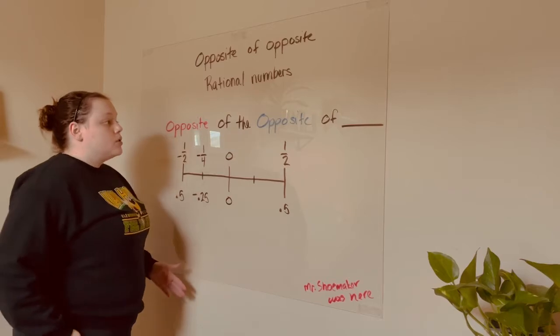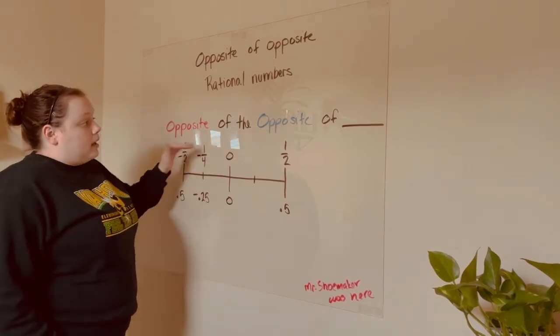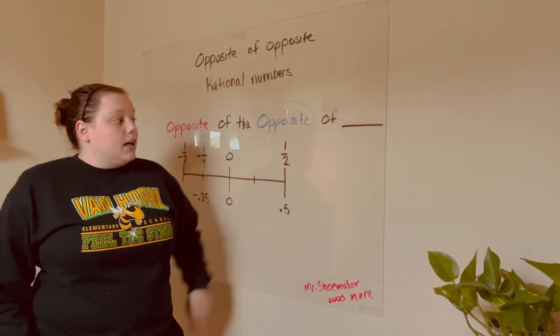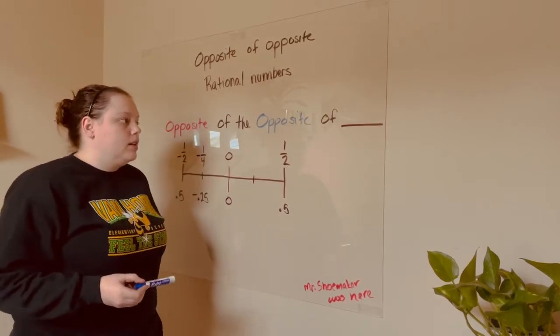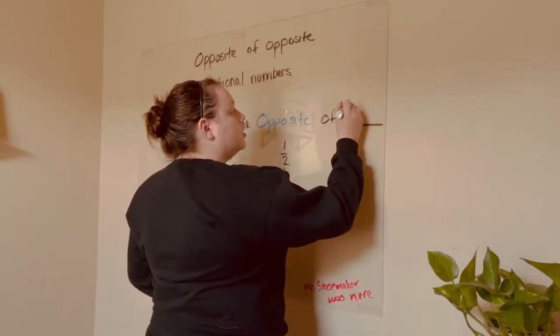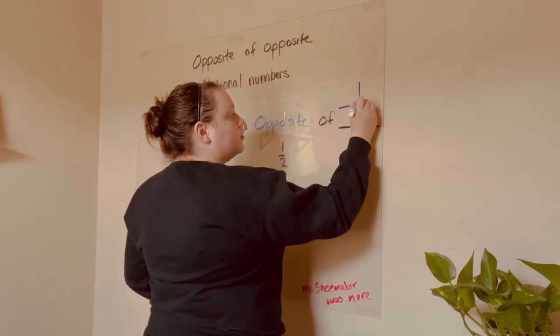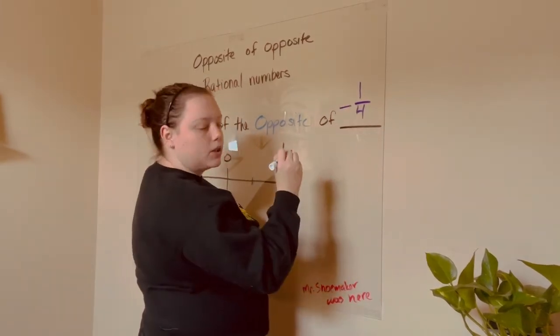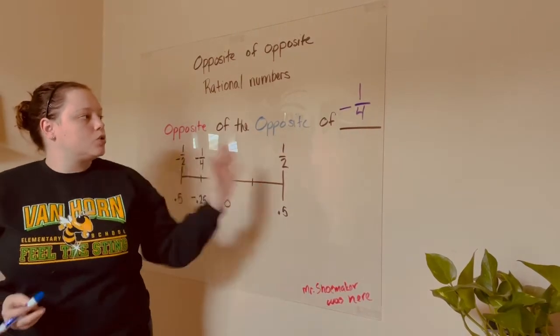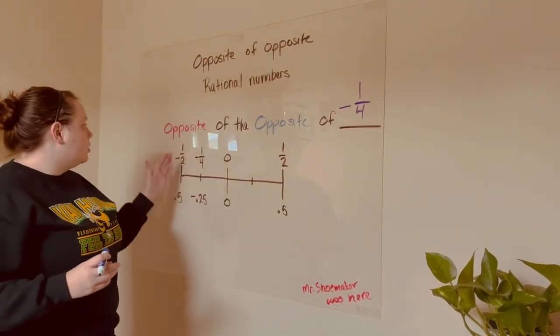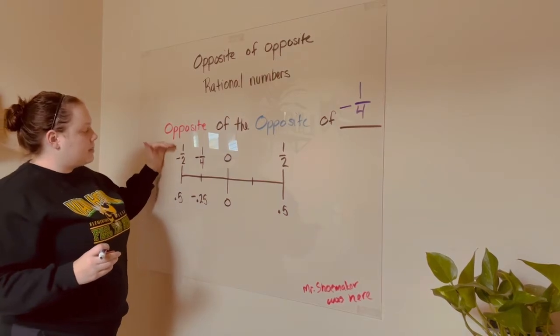Okay. So we're going to find the opposite of the opposite of -1/4. Let me find a marker in my pocket. Excuse my dog's barking. Okay, -1/4. If I go to my number line, I'm going to look for the first opposite of -1/4.